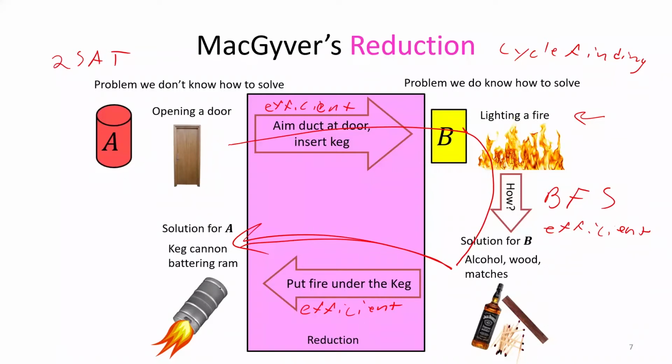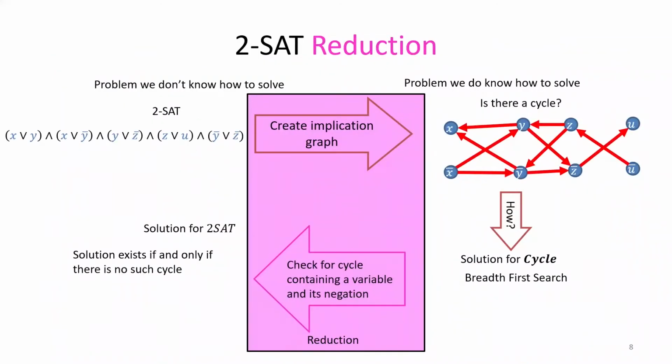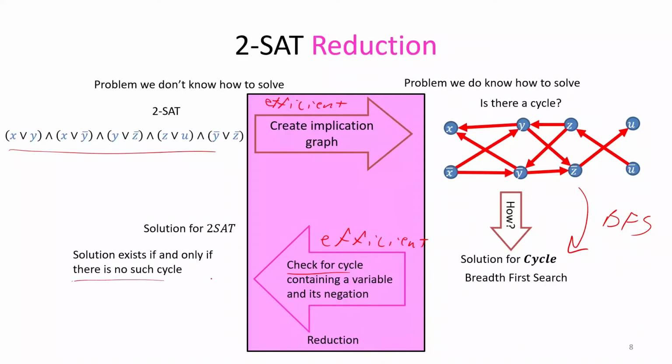So basically what we've done for 2-SAT is given some instance of 2-SAT, which is a 2CNF formula, we create an implication graph, which we said was going to be an efficient thing to do, so that if we solved this cycle problem on the implication graph using a breadth first search, whether or not there existed that particular kind of cycle, which was an efficient thing to check, allowed us to efficiently answer this question of, can I satisfy that Boolean assignment?